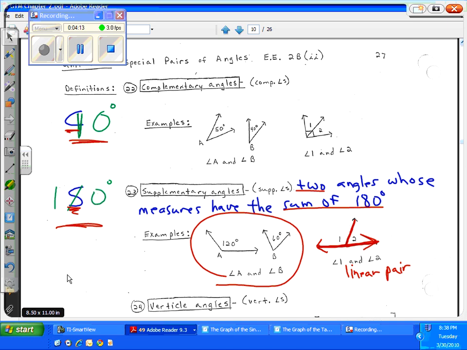Some way or another, you need to remember that C is complementary, and that's the 90, and S is supplementary, and that's the 180. I think the cleverest trick is to make the C into a 9 and the S into an 8. I think that's kind of cool. But anyway, figure out a way to not forget which one's which.